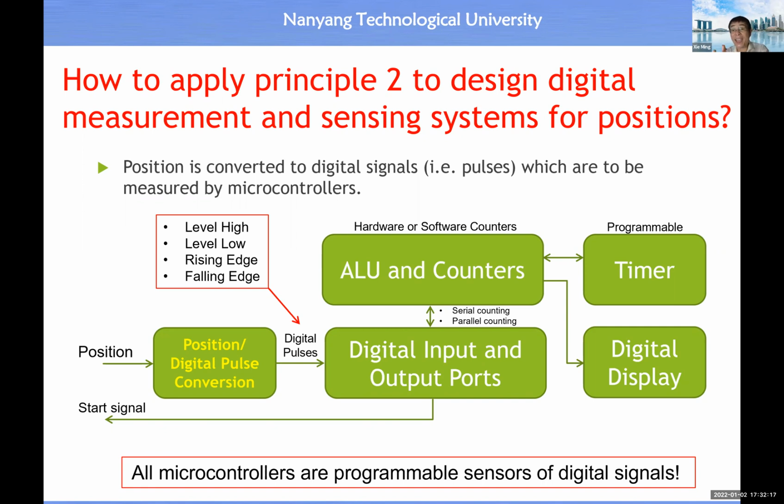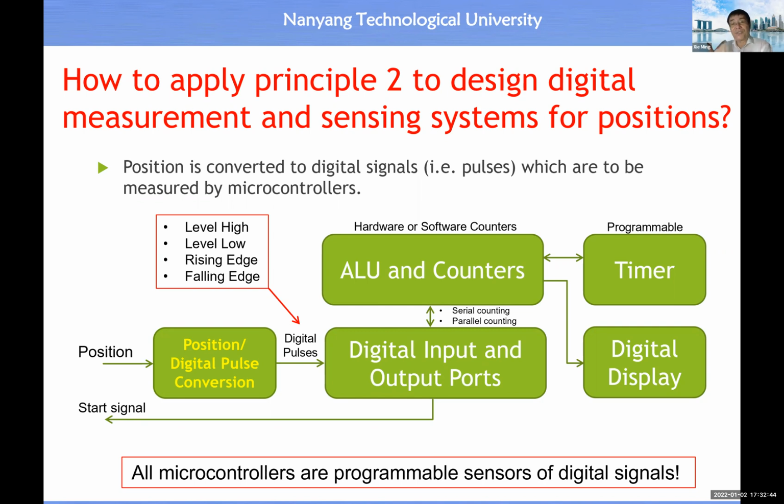Therefore, you can tell the microcontroller to respond to rising edge, falling edge, level high, or level low. So these are the background knowledge for you to know. Inside one pulse, there are these 4 pieces of meaningful information, and the microcontroller will make use of this information to undertake action.